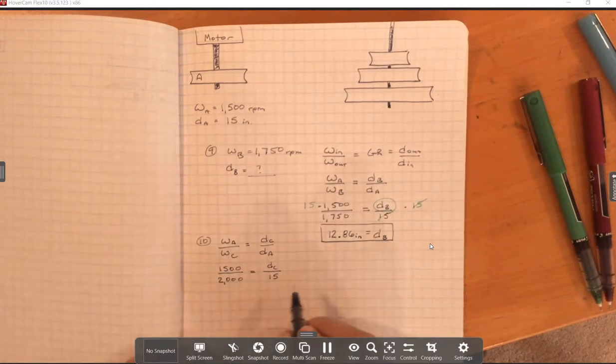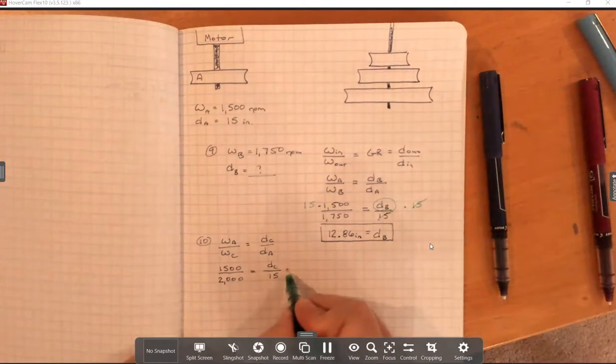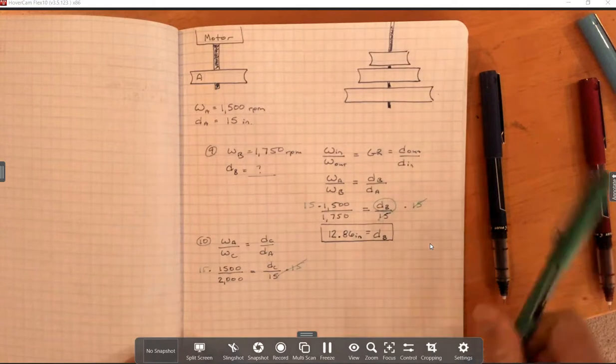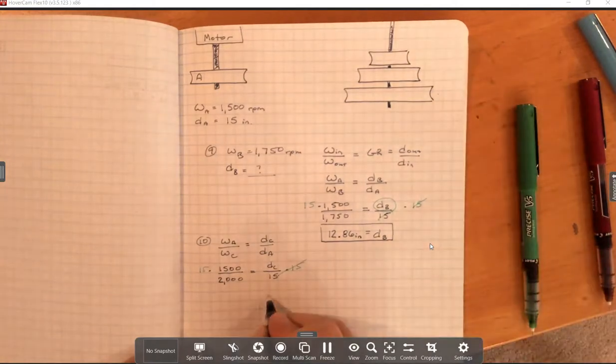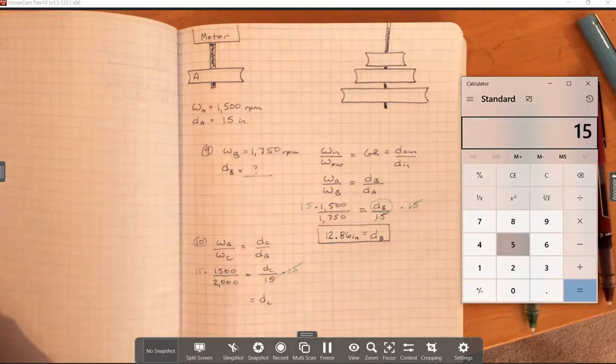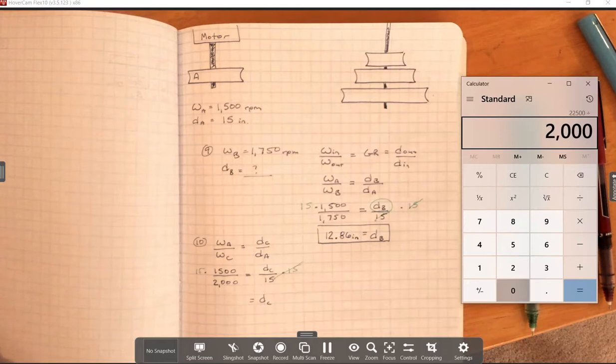Again, you multiply both sides by 15 and figure out what this diameter is. If we multiply 15 and 1500, it gives us the same product again, 22,500, and we divide that by 2000.